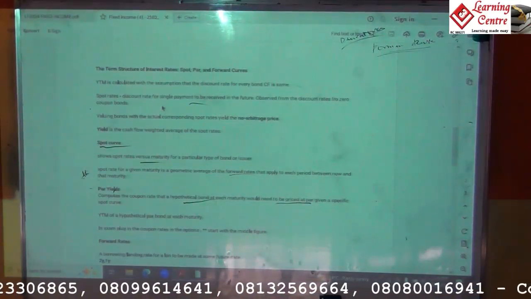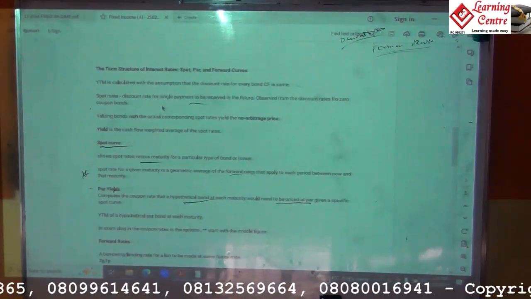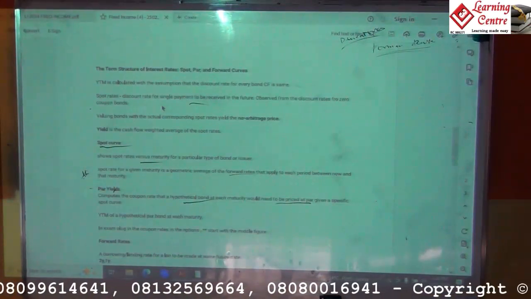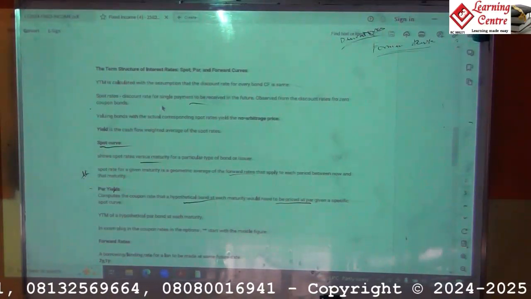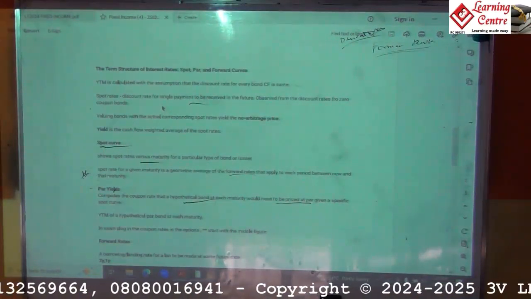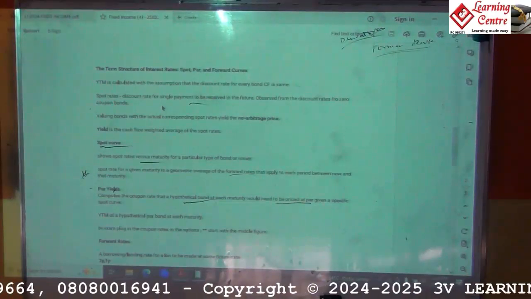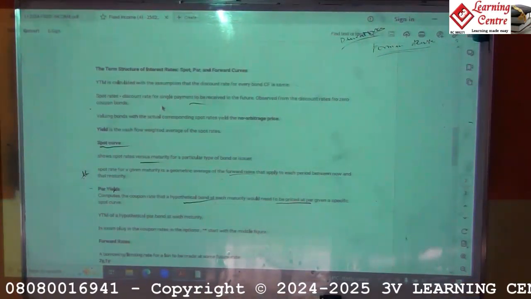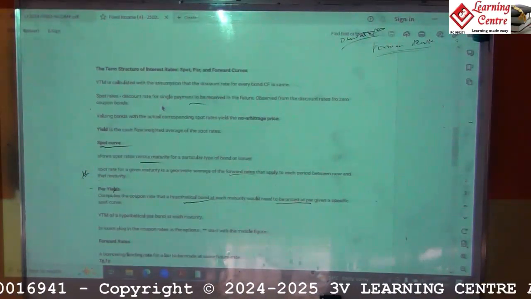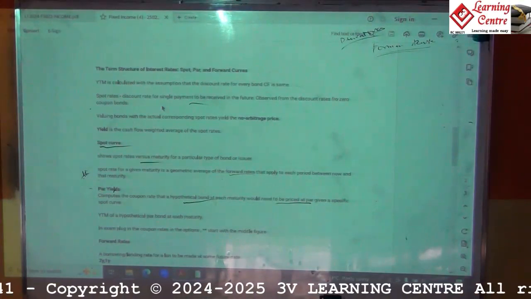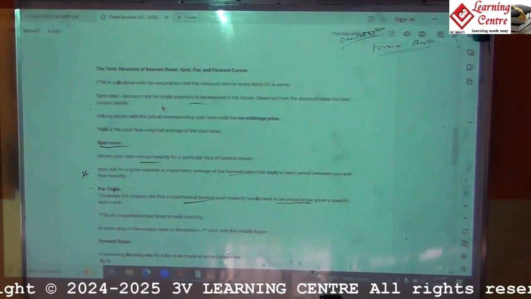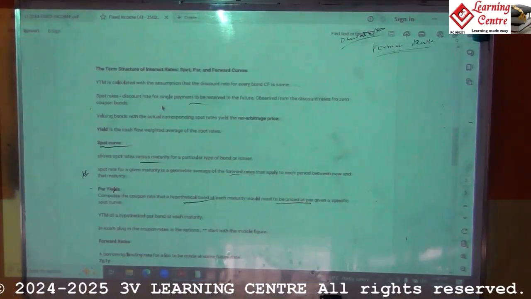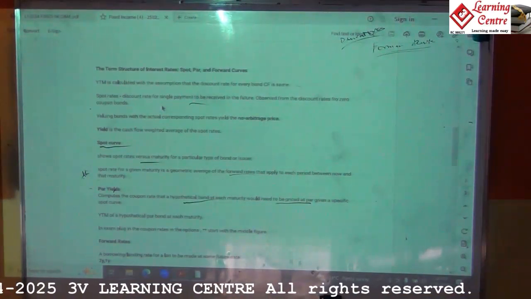I need the money 1 year from now, say February 2025. But today it is agreed on the rate that I will pay. That's what the forward is asking. You set the contract and do the pricing, but the contract will not kick off until that date.